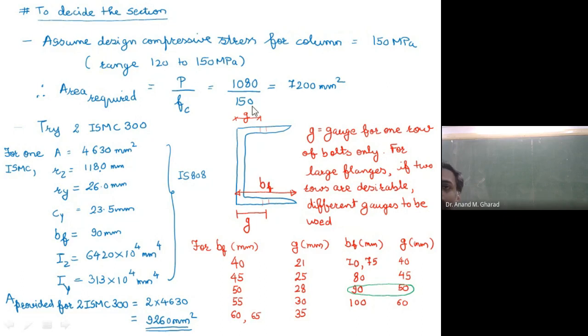It is not necessary that all the time you consider whatever value I have used here. आप लोग इससे पहले वाला सेक्शन भी कंसिडर कर सकते हैं, provided the area you provide should be more than the area which is required. Now there are few terms which you should remember.